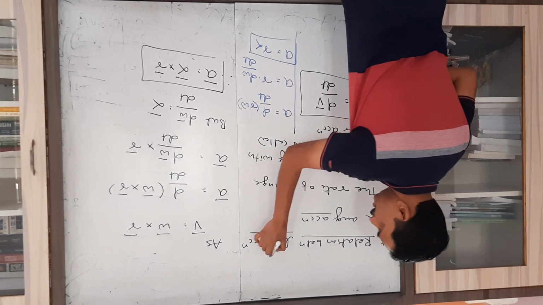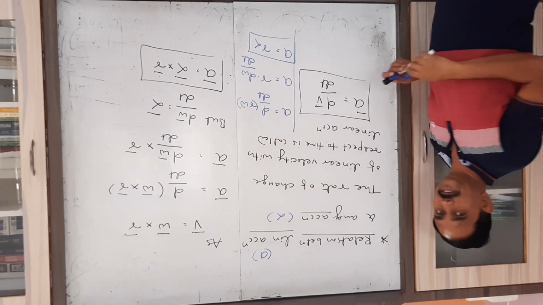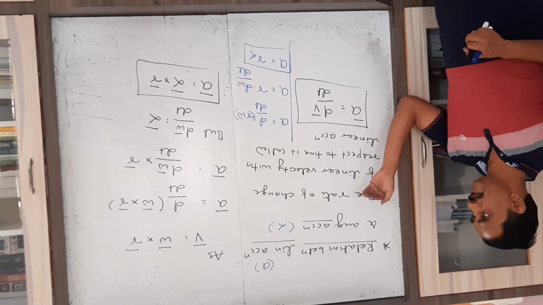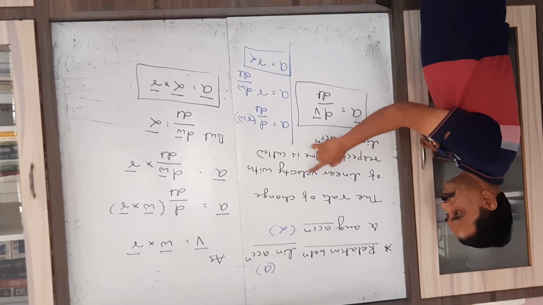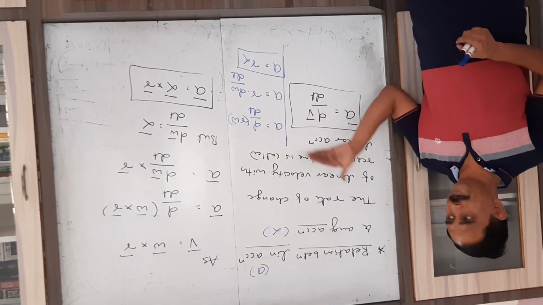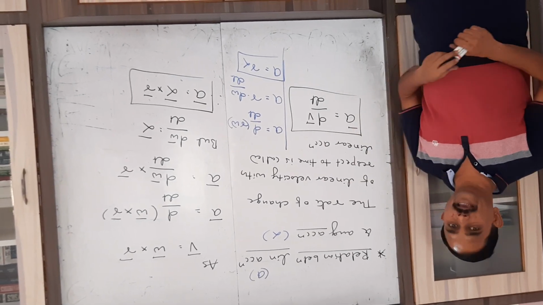Here linear acceleration is represented by a, and angular acceleration is represented by alpha. Simply, linear acceleration is the rate of change of linear velocity with respect to time.